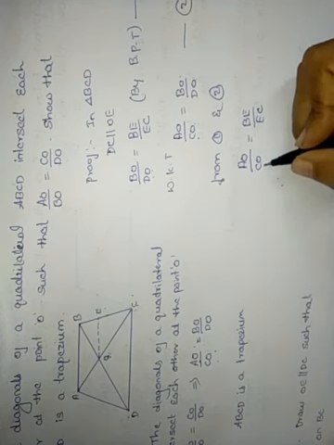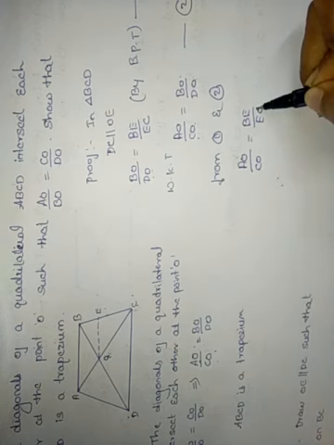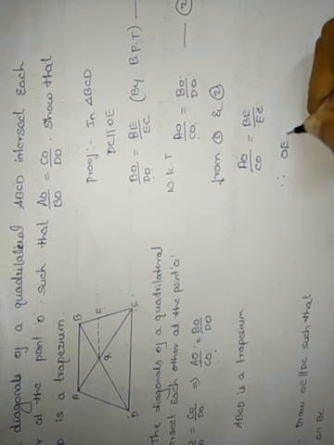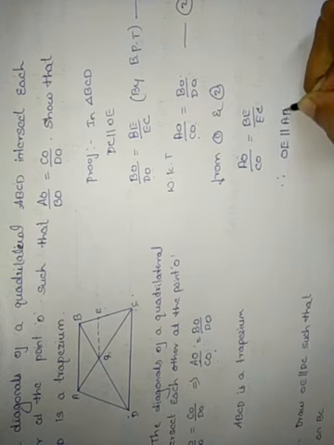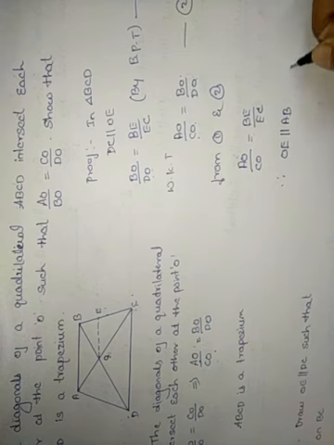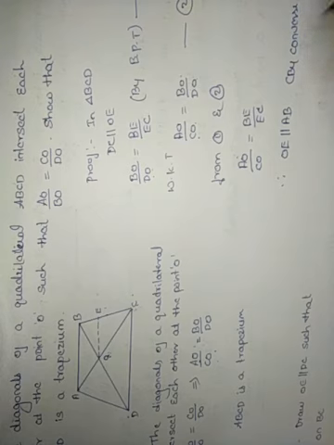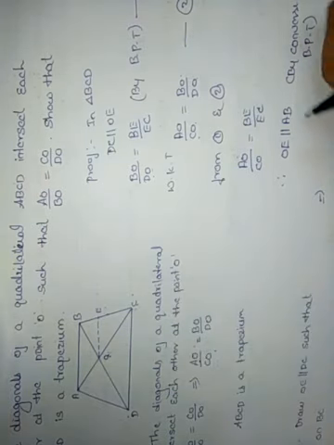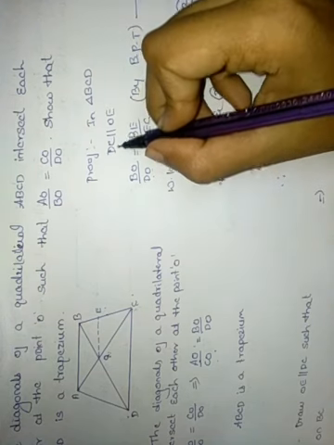So here we got the other two sides of the triangle in the same ratio. By the converse of the basic proportionality theorem, we can say that OE is parallel to AB.